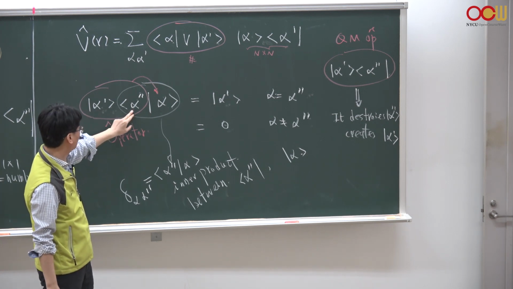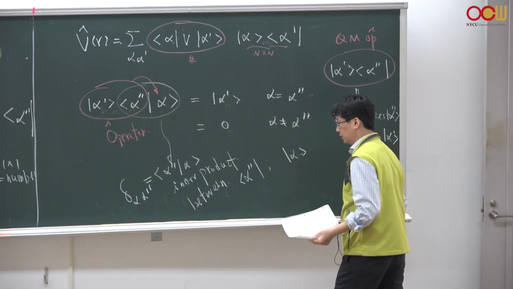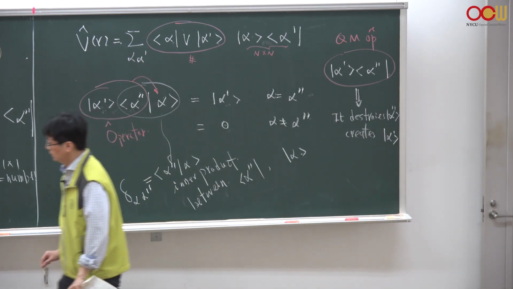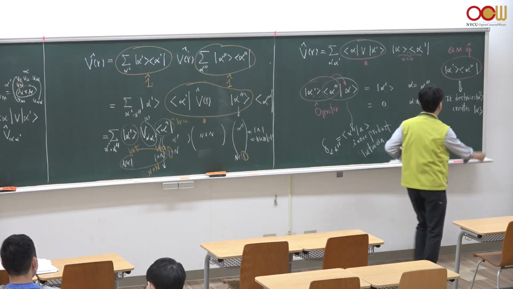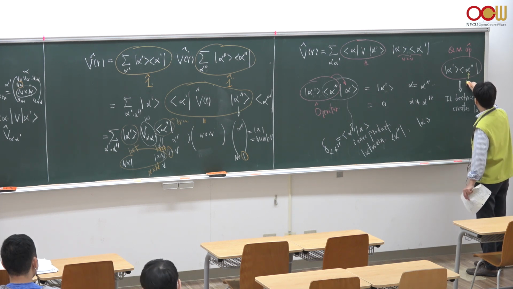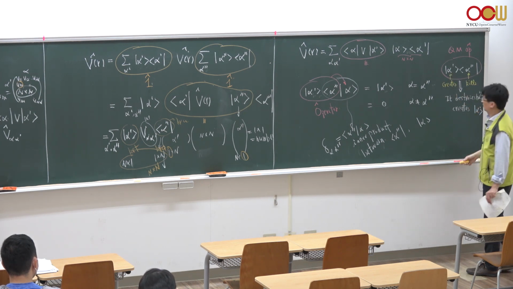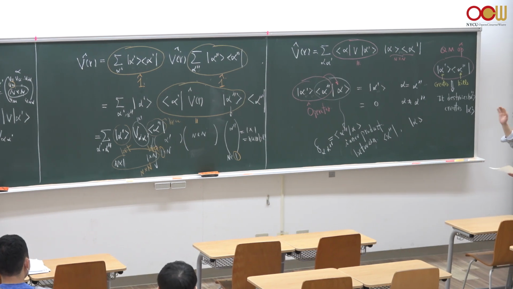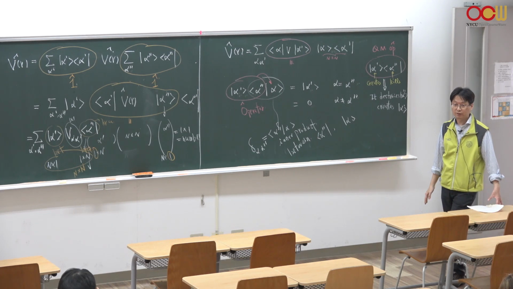It destroys this alpha double prime and creates alpha prime. So it has this physical interpretation based on the Dirac notation. So it kills this alpha double prime and it creates this alpha prime. We're almost there. This is the definition of destruction and creation operators.